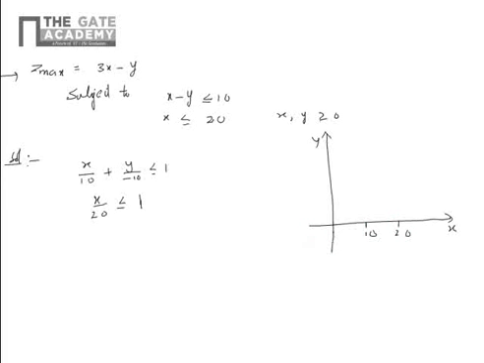So first, draw the intercept passing through x equal to 10, a positive value, and y equal to minus 10.